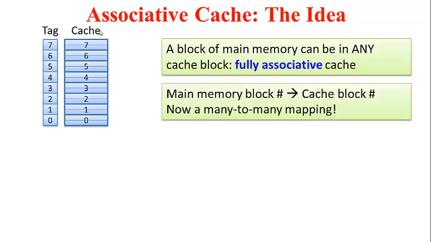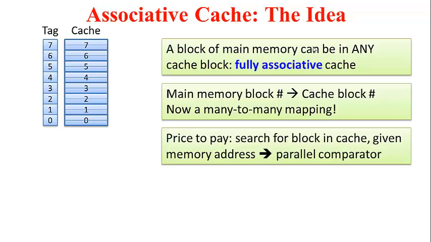That is, now the main memory block number to the cache block number is a many-to-many mapping. This scheme goes by the name of fully associative cache because a block of main memory can be in any cache block. So if we have such a scheme, this can reduce the kind of conflict misses which happened earlier in the direct map cache.